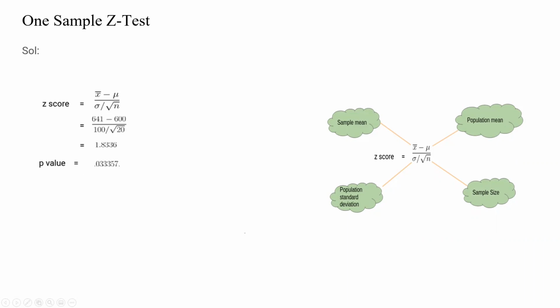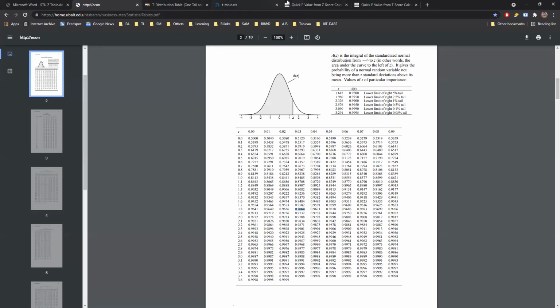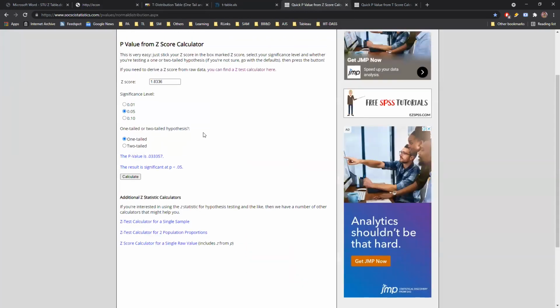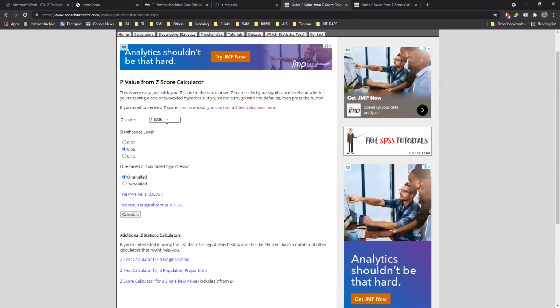The other way is, you don't have to rely on those tables these days anymore. There are calculators and packages that you will find everywhere. This is an online calculator that I found. For the z value of 1.8336 which we have, I set up the other parameters: my level of significance is 0.05, and I'm doing a one-tail test.